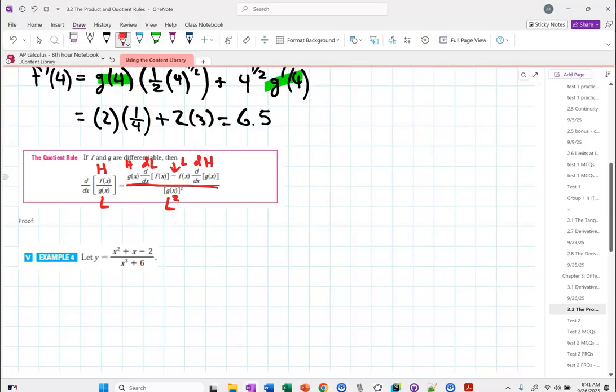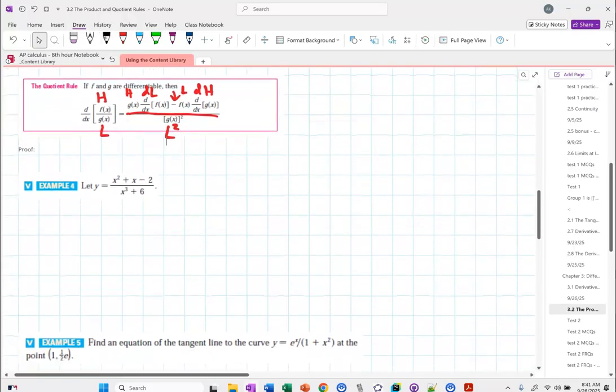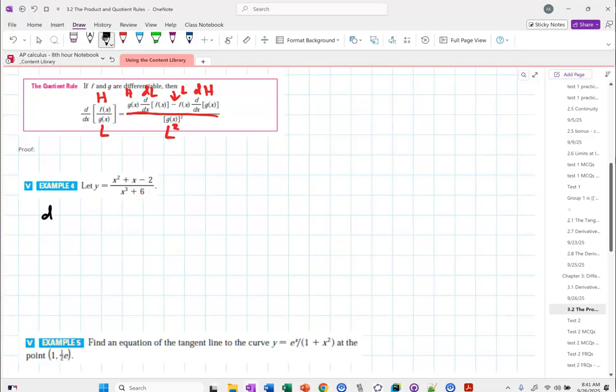Let's practice using this quotient rule now on this next piece. So we're going to find the derivative of y. I could write that either as y prime or dy over dx. Both of them mean the same thing, means the derivative. Let's write it this way this time.